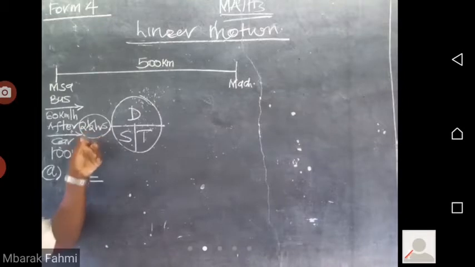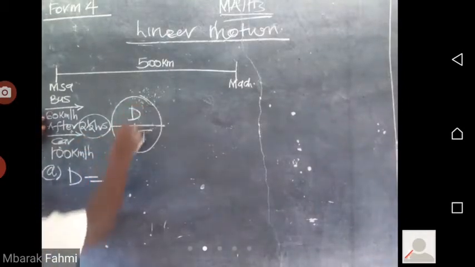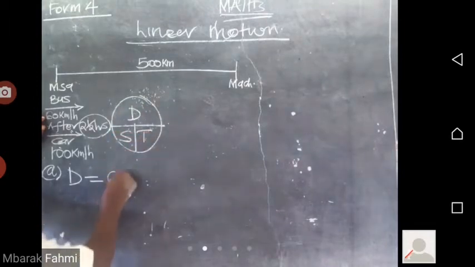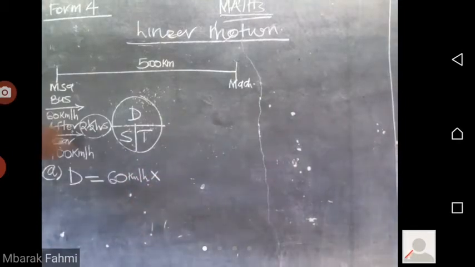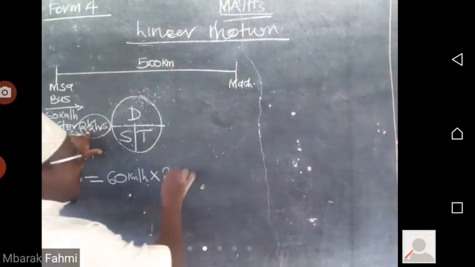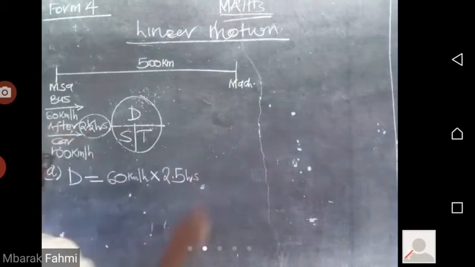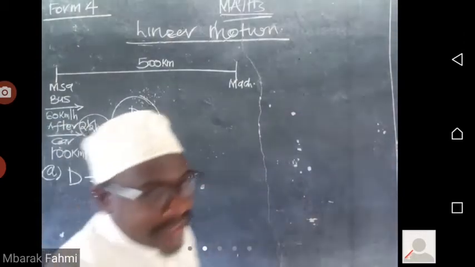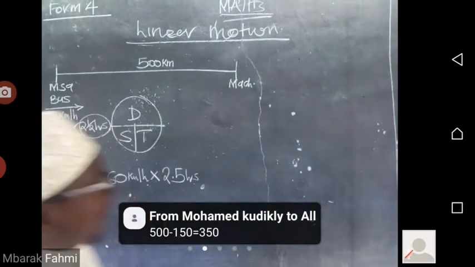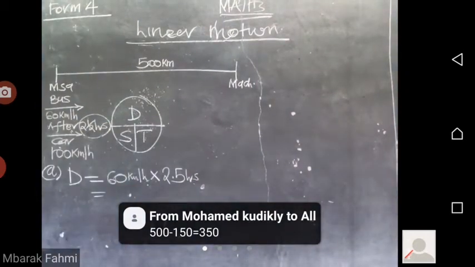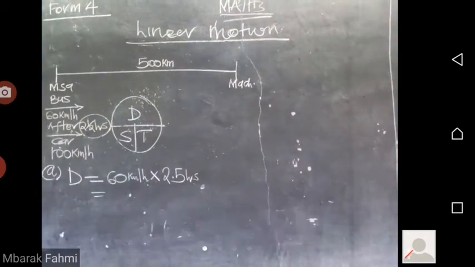If the bus was traveling at 60 kilometers per hour, distance is speed times time: 60 kilometers per hour multiplied by 2.5 hours. We get the total distance covered within that 2.5 hours, which will be 150 kilometers.